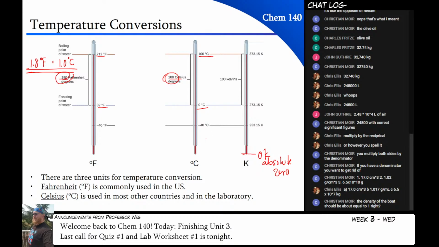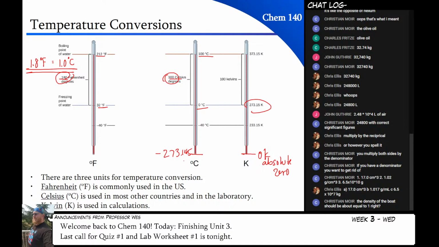For Celsius, that's just negative whatever this is at room temperature. So using Kelvin, or in other words, using the absolute temperature scale, allows us to use this for temperatures.